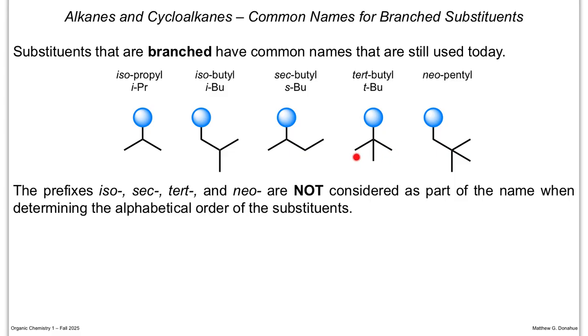So tert butyl is a quaternary carbon plus 3 methyls. And then neo, I'm not sure if that's short for anything, but neopentyl, there's 5. You have basically a tert butyl and then a methylene linker. When these are part of the substituents, you don't consider that prefix as part of the alphabetical order.